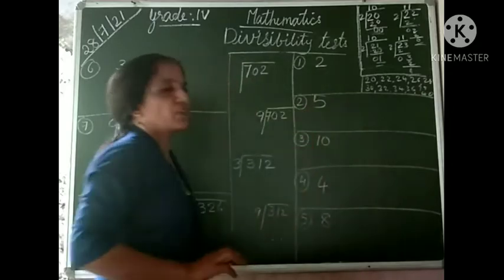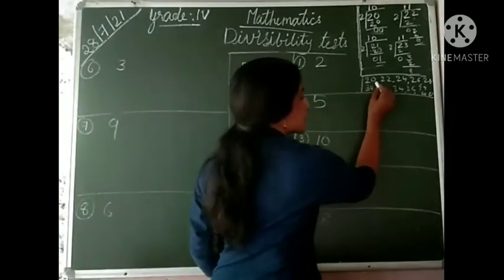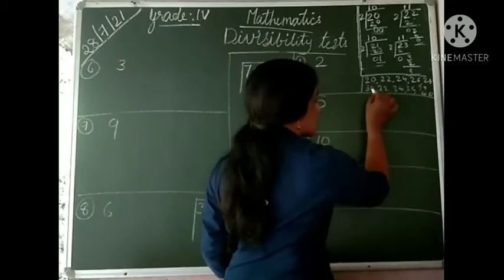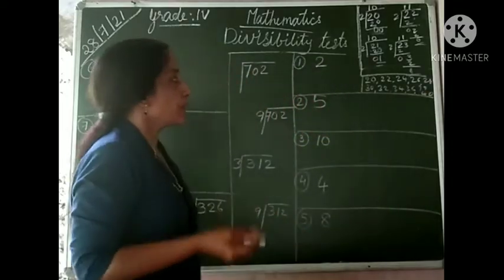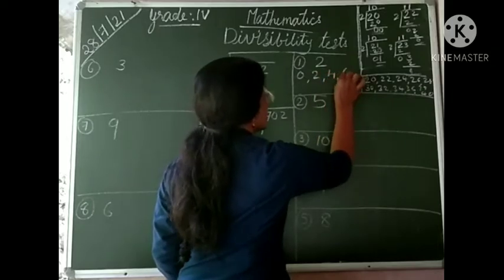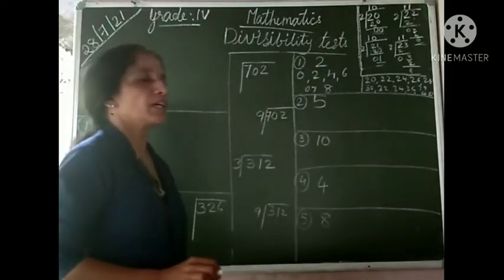All these even numbers are divisible by 2. Why? It's the ones place number. Look, 0, 2, 4, 6, 8, 0, 2, 4, 6, 8, etc. If the ones place number is 0, 2, 4, 6 or 8, then we can say that number is divisible by 2.